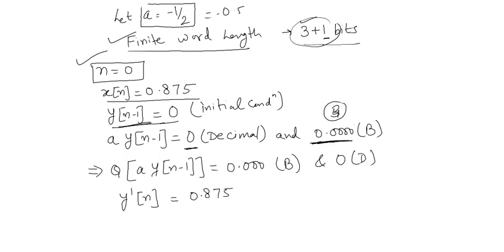So here it is the number before quantization. Now when we quantize it, what will happen? We have 3 bits to represent, and you know that 1 bit represents plus or minus, right? If the number is positive, it will be 0. If the number is negative, this will be 1, right?